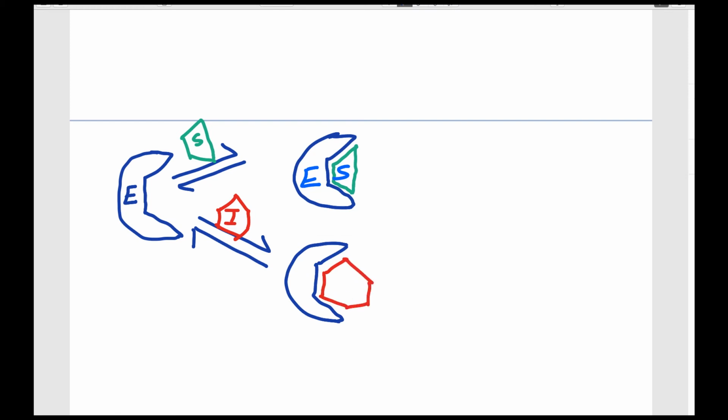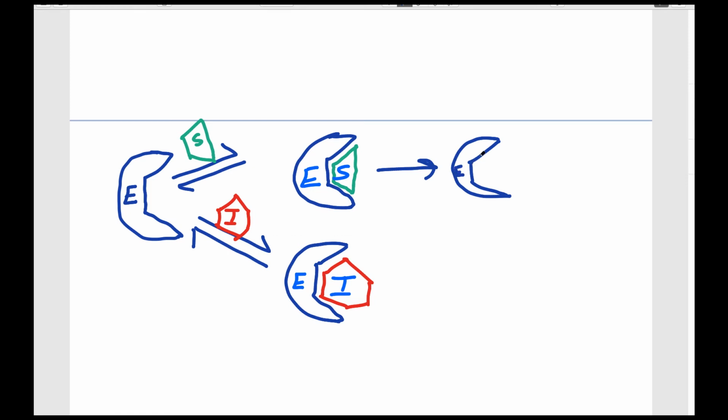Here the complex is the enzyme inhibitor complex. Here is the enzyme with the substrate complex, and here the enzyme with the inhibitor complex. Let us see what happens in these circumstances. In the case of the enzyme substrate complex, the enzyme comes out.